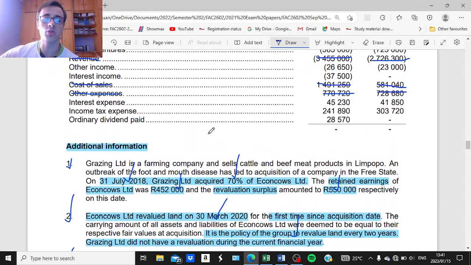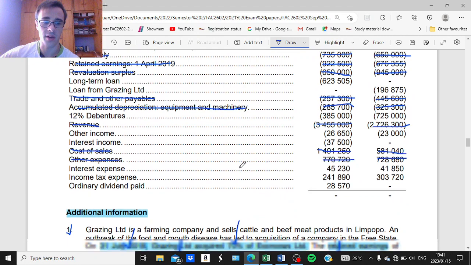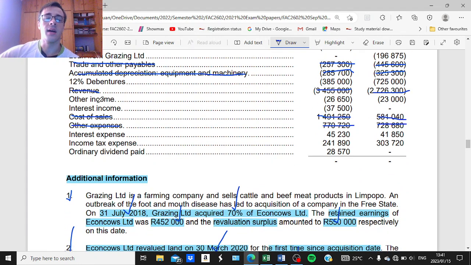So if we look at our trial balances, Econ Cows Limited would have paid the interest. So therefore, it would be part of its interest expense for the year, and Grazing Limited would have received the interest, which means that it is included in its interest income. In this case, interest income is not part of other income.